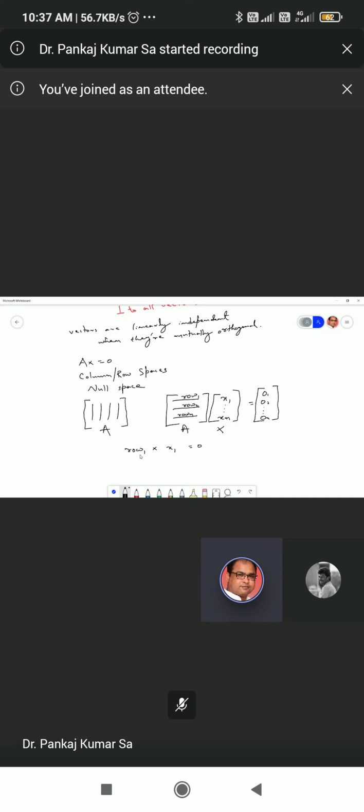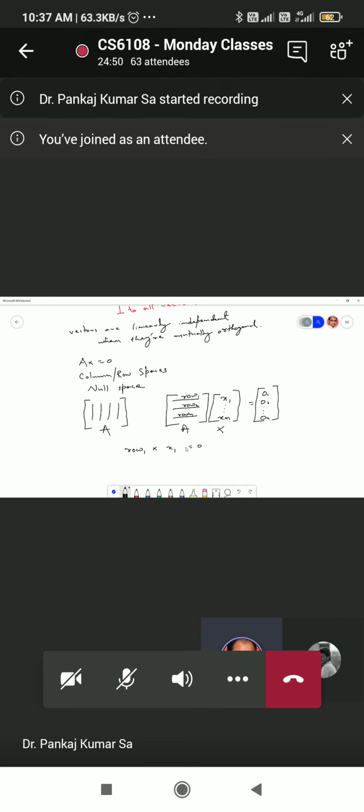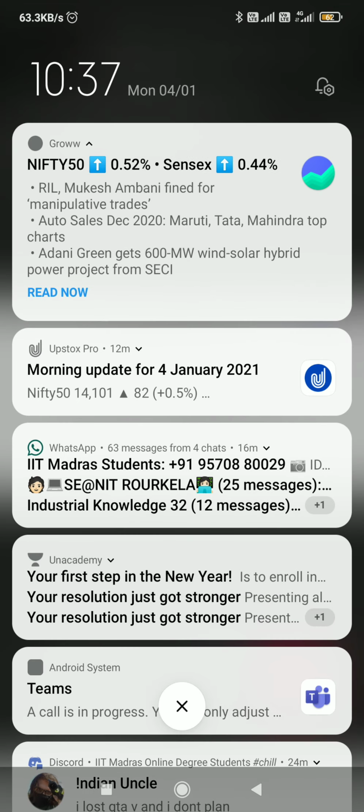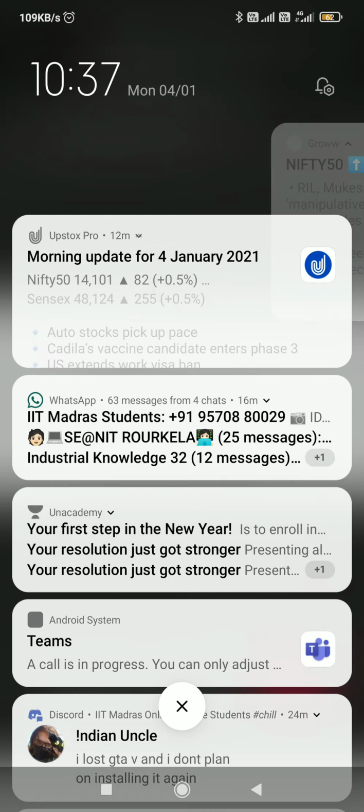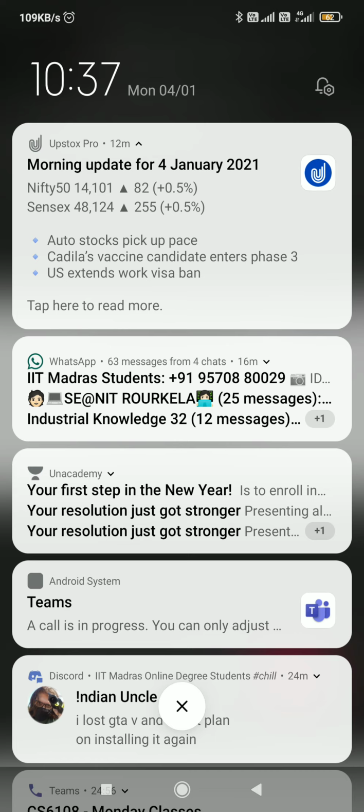That means this row 1, if I call this one vector, I'm sorry, this is not x1. This complete is x.